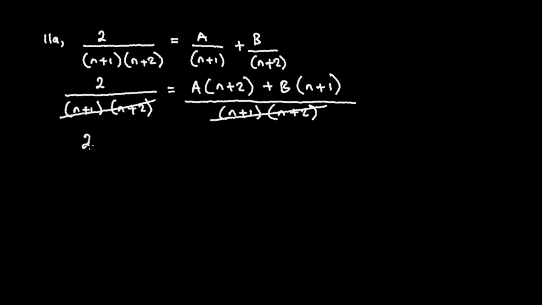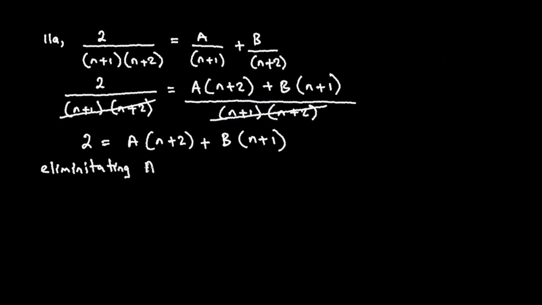So what we have here is 2 is equal to a(n plus 2) plus b(n plus 1). What we want to do is eliminate either a or b so that we get the other variable. So let me write down, eliminating a, let's start with a.